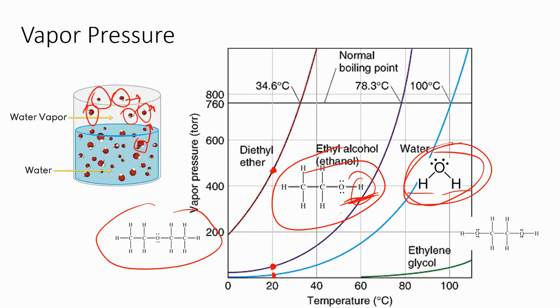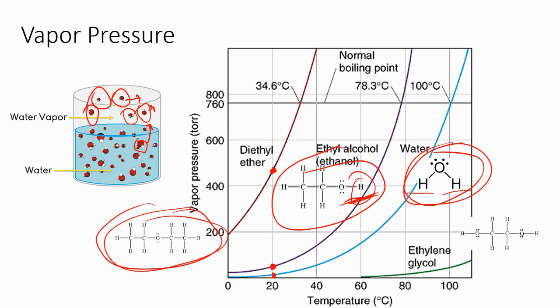Compare that, though, to diethyl ether. Diethyl ether is not a nonpolar molecule. It's actually polar. I can tell that even though it looks symmetrical here, it's got those lone pairs on the oxygen atom in the central position. That makes it polar, but it only displays dipole-dipole interactions with other molecules. Again, why is that?